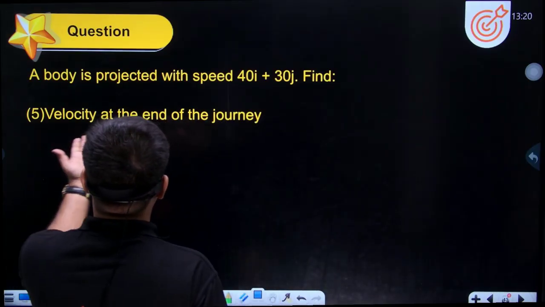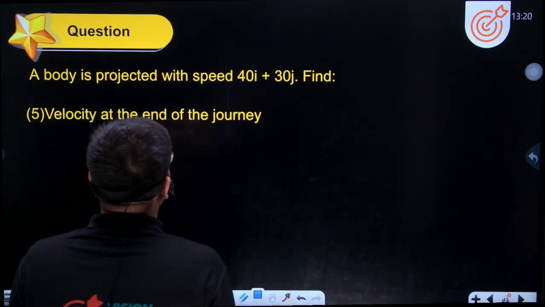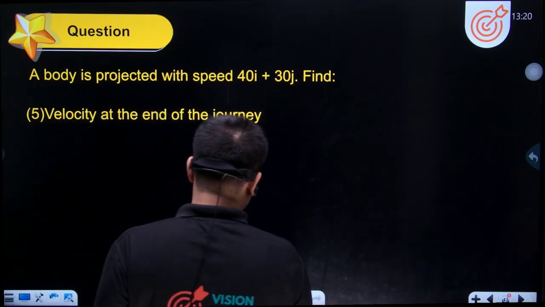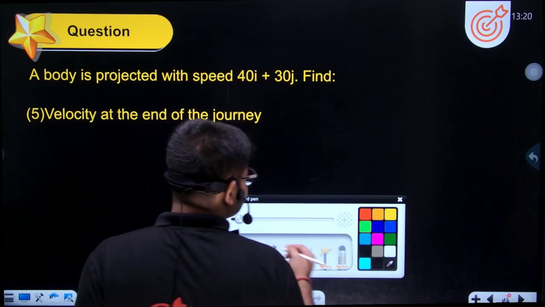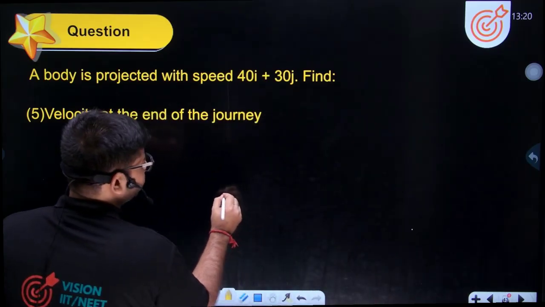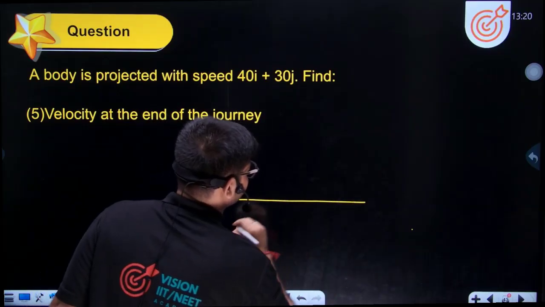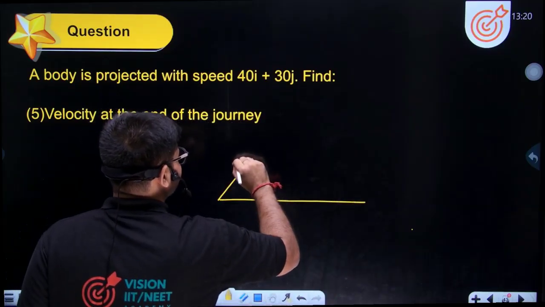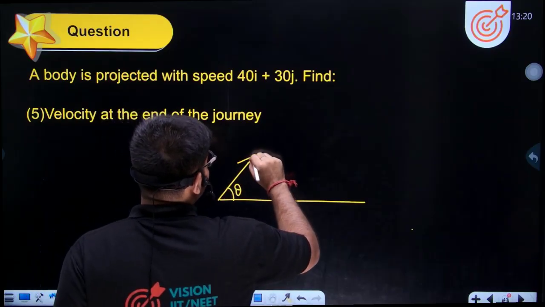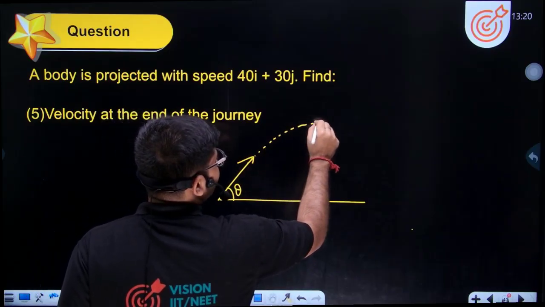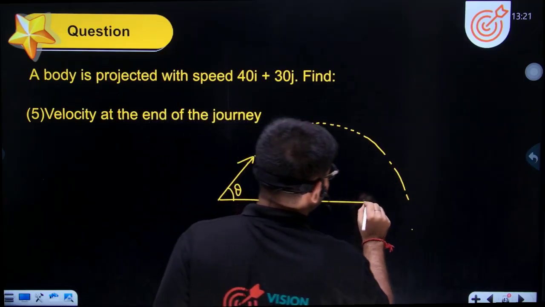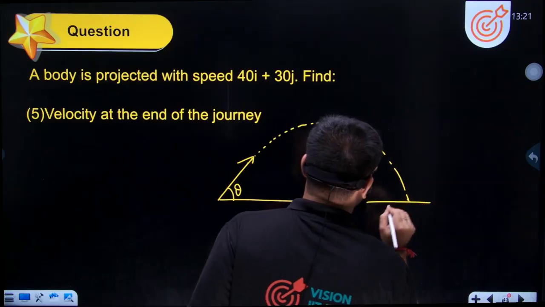So the velocity at the end of the journey is nothing but 40i minus 30j. Anyway, you can also find it out. Say for example, this is your projectile, at theta angle, moving up like this and falling back like this.